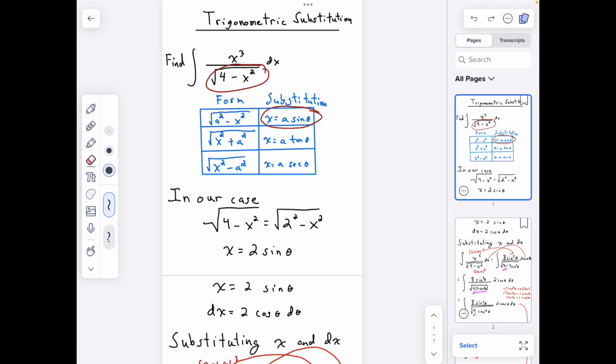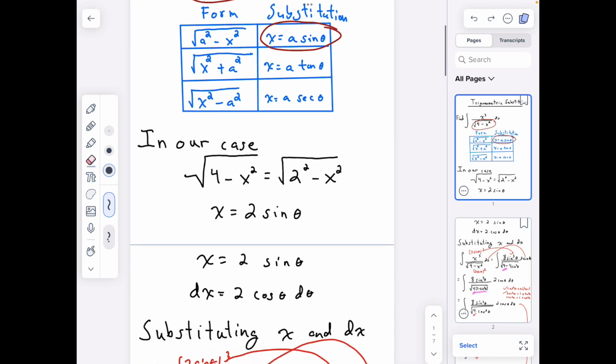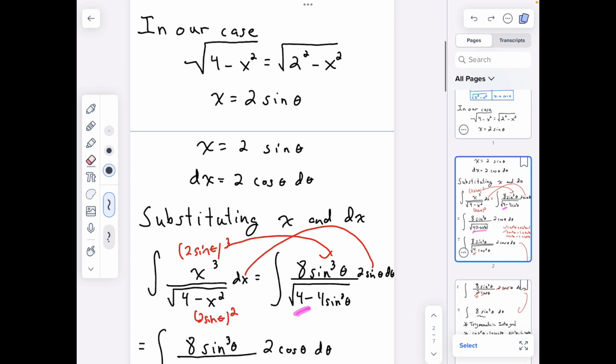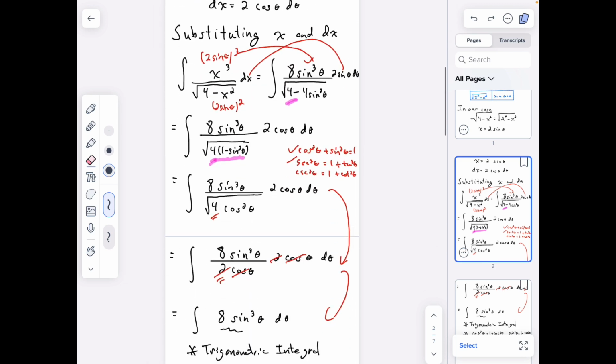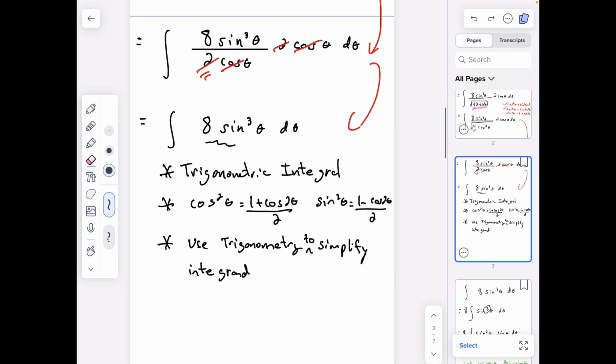And you basically take your substitution according to what form you have, and you find what your a is. That's just a number. You let x equal blah, blah, blah, and then you find your dx and you substitute. And you're going to simplify, you're going to use a lot of Pythagorean identities when you're doing these. And you'll reach a point where you're going to integrate something that you know how to integrate. That's one of the points of this method.